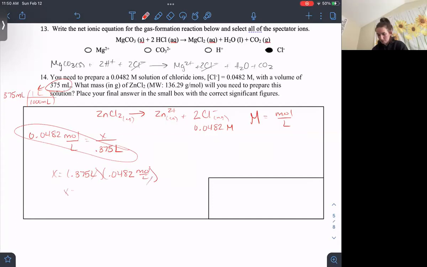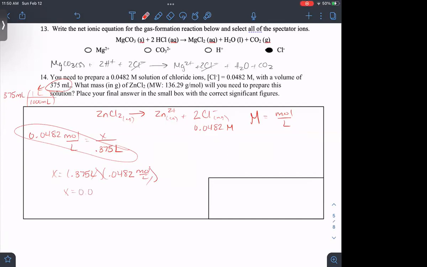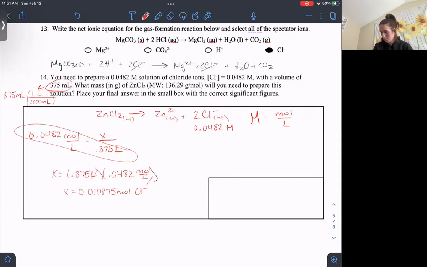And so we're left with how many moles? 0.018075. Right? Do we agree? Okay. So this is saying at the very end, we need this many moles in solution. We don't need to worry about significant figures yet. We'll do that at the very end.